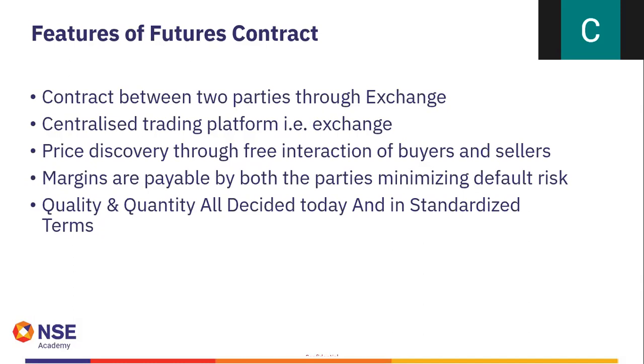Margins are payable by both the parties, minimizing the default risk, and quality and quantity all decided today and in standardized terms. Quality basically will come into the picture when it's a commodity, like we have derivative contracts on paper, rubber, gold, silver, etc. So there this quality aspect will come in.